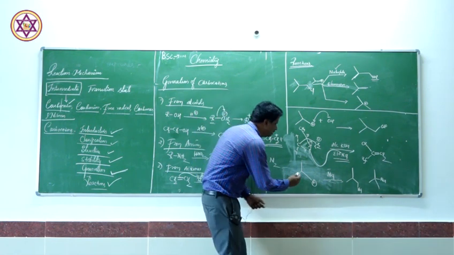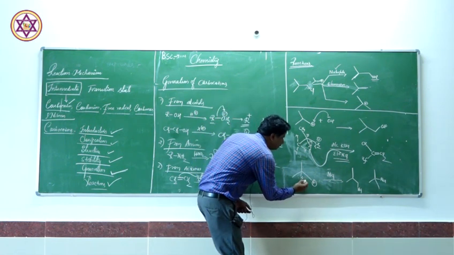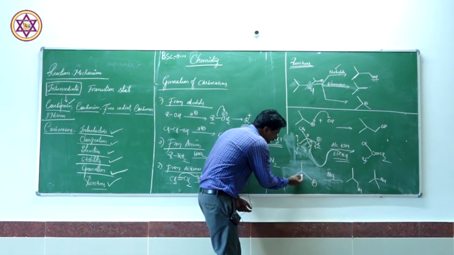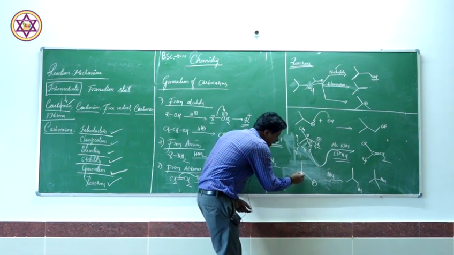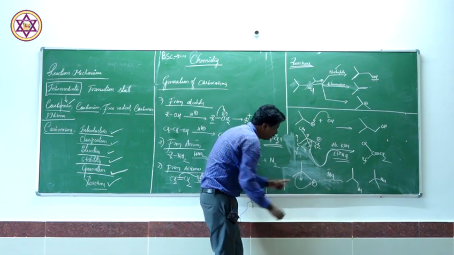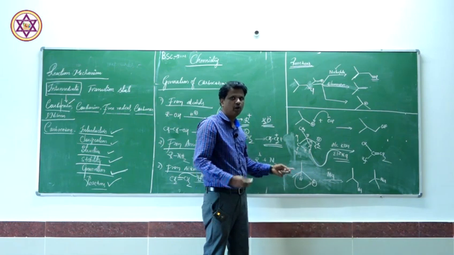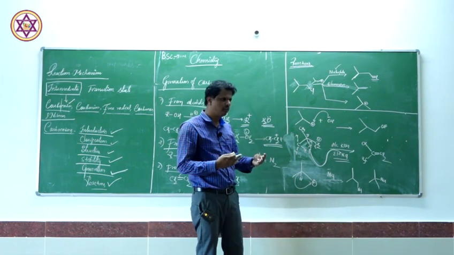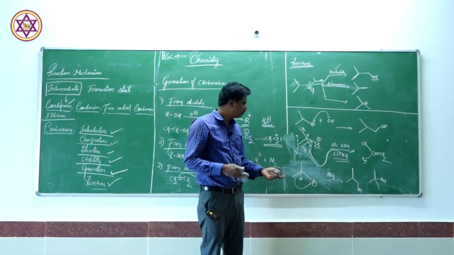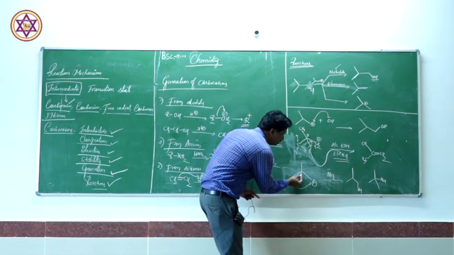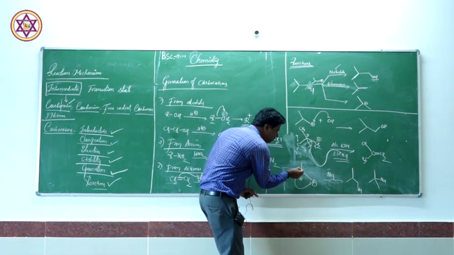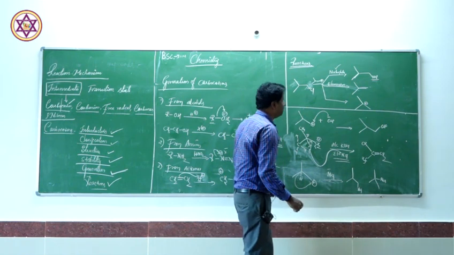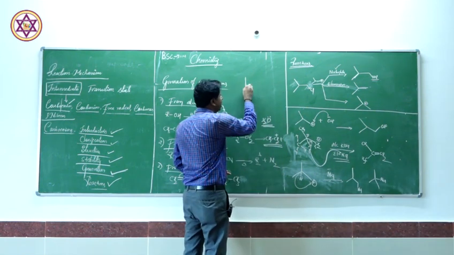There is a hydrogen atom here. This hydrogen atom migrates to this carbon along with the bond electrons, in the form of hydride. Since hydrogen is moving here, the positive charge is shifted here. That leads to the formation of a tertiary carbocation like this.